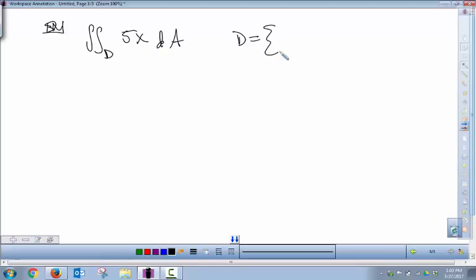So sometimes you'll get a problem like this where you just have to set up the double integral, and then they describe what the domain D is.